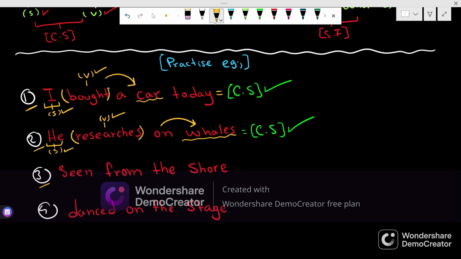Number 3. Seen from the shore. Seen is the verb, so verb is present. But what was seen from the shore? We do not know. Who saw from the shore? We do not know. So the subject is missing. In this case, when we have verb present, subject absent, this is a sentence fragment. It does not express a complete meaning.